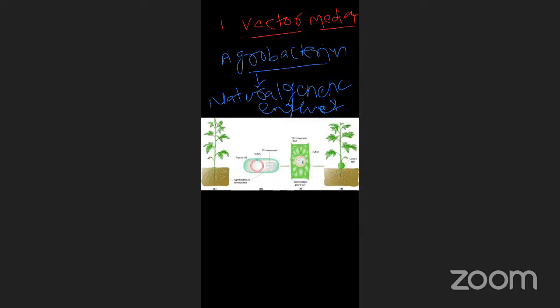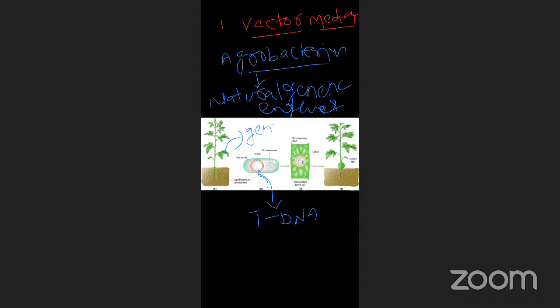From the agrobacterium, the Ti plasmid, the tDNA plasmid, is separated. This is the tDNA plasmid, the round shaped tDNA. And this is the plant with the desired gene. You separate the desired gene.